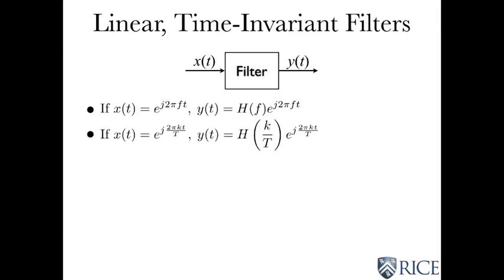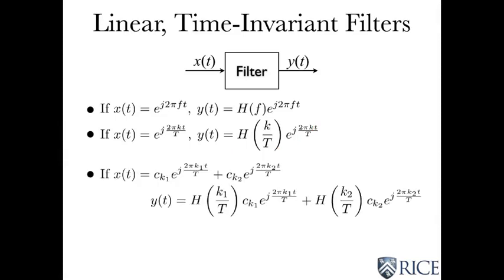And if the frequency is just a harmonic of some 1 over T, we just plug that frequency into the transfer function, and of course we carry along the frequency of the input. And as I showed you when we talked about circuits, if you have a superposition of 2 complex exponentials, the output is a superposition. This is the definition of a linear system.